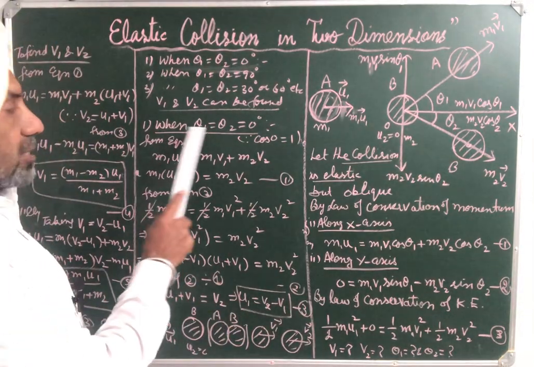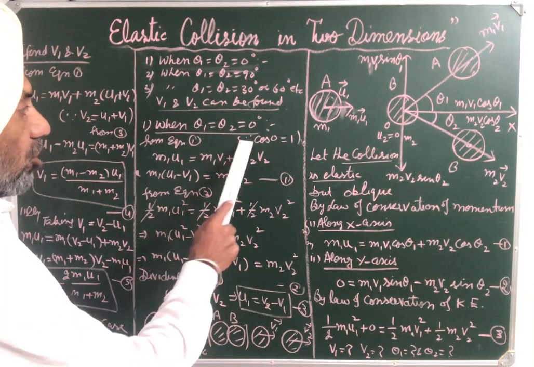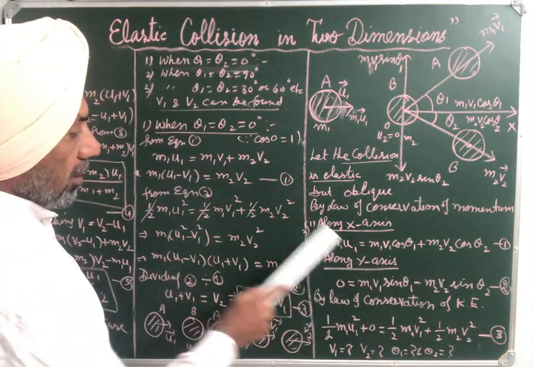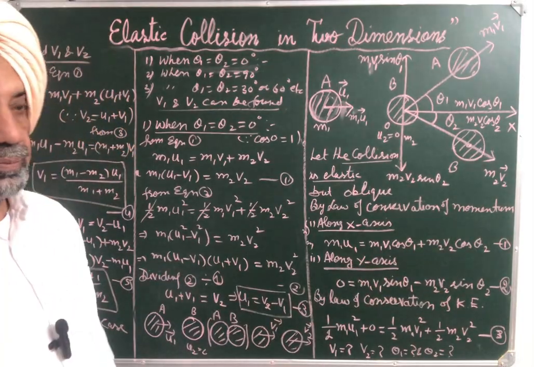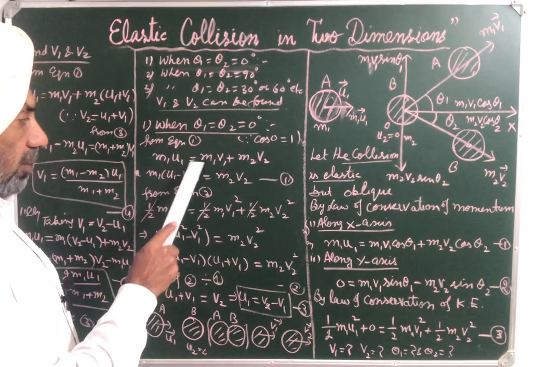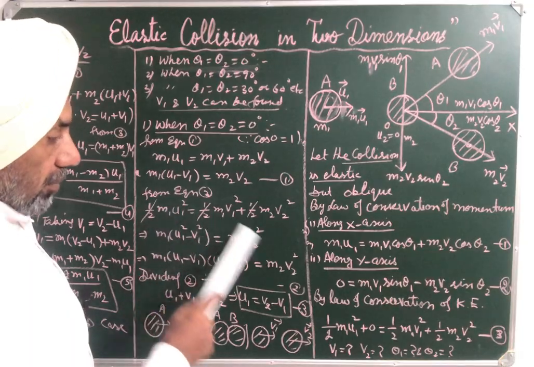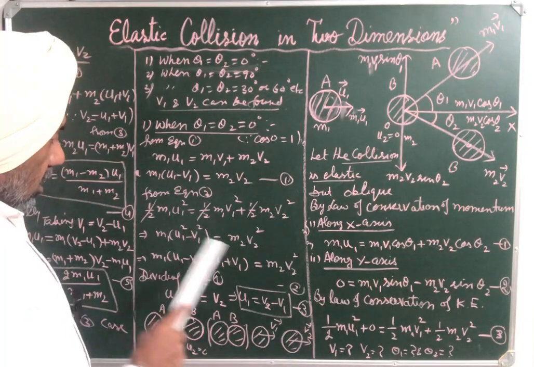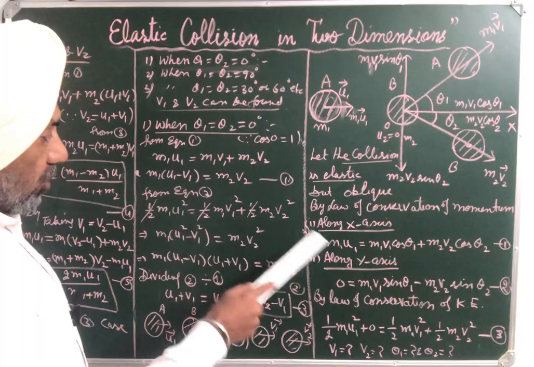I will discuss one case when theta 1 is equal to theta 2 is equal to 0 degree. Then cos 0 is equal to 1, so from equation number 1, we have m1 u1 is equal to m1 v1 plus m2 v2, or m1 (u1 minus v1) is equal to m2 v2. The second equation becomes 0. The third equation: half m1 u1 square is equal to half m1 v1 square plus half m2 v2 square.